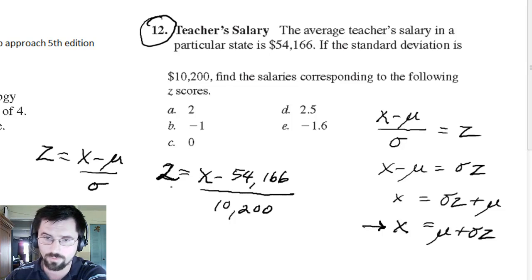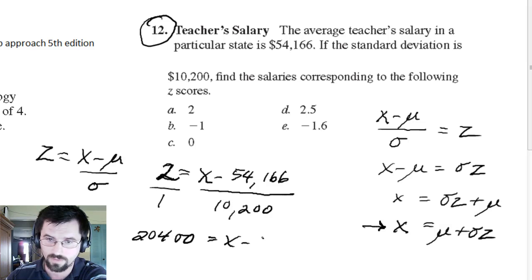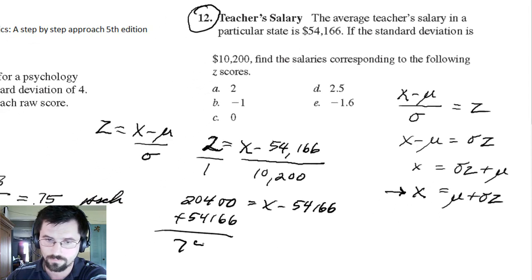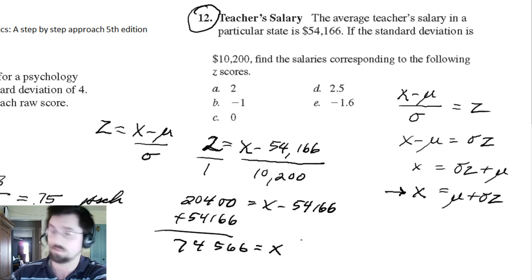Like this. Well, we'd multiply both sides. Cross multiply if you want. Put the 10,000 up there. You get 400. And when you get this negative off this side, by adding it, you get X. And that's it. Okay?